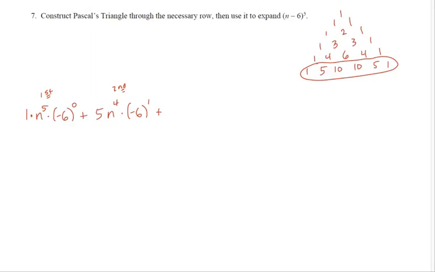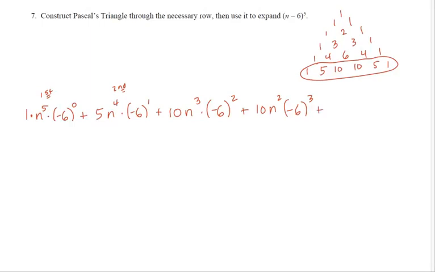Third term, I'll take the next number from the triangle, multiply times n, now dropping it down to the third, multiply that times -6, and that'll be raised to the second. All right, the fourth term, I'm going to multiply 10 times n, we're now to the second. The n is dropping by 1 each time. And the -6 is going to go up to the third.